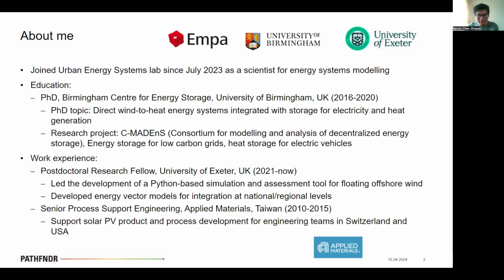After I finished my PhD, I moved to another university in the UK, at Cornwall, in the very southwest of England, focused on understanding floating offshore wind and how to integrate it with the energy system. So that is a little about my background. I do a lot of research related to wind power and also the energy system.